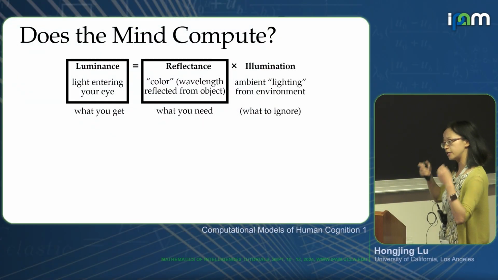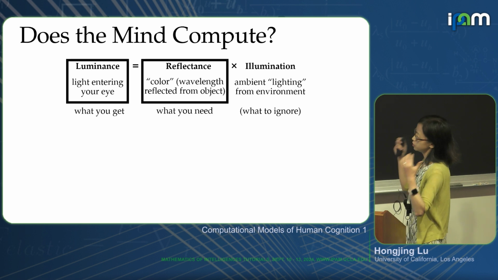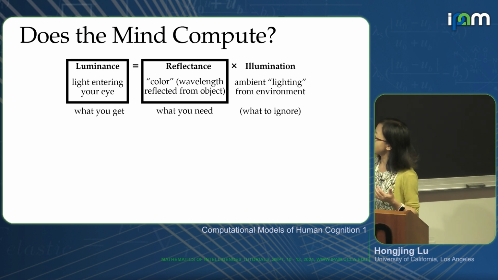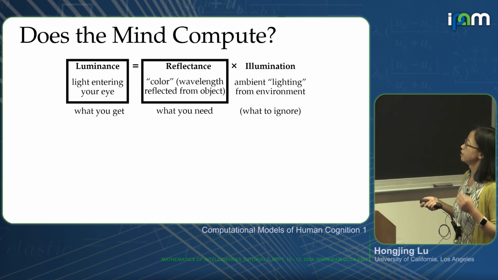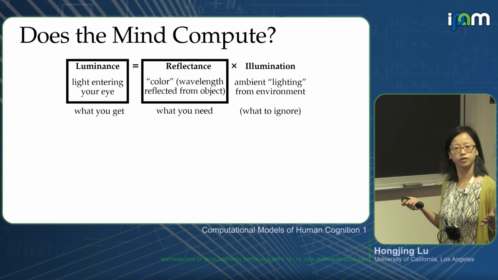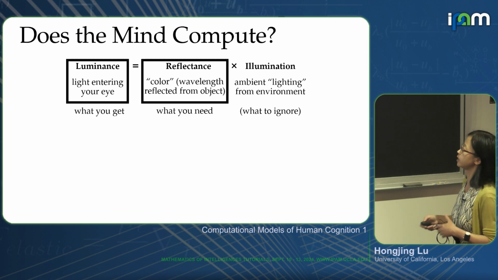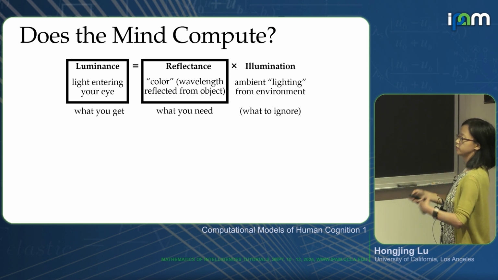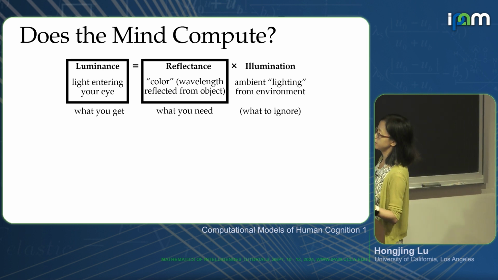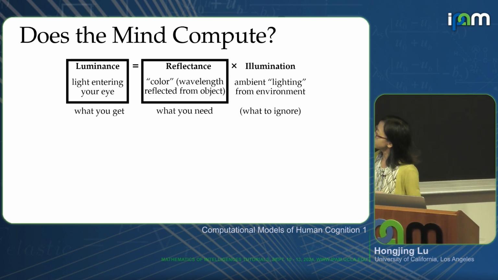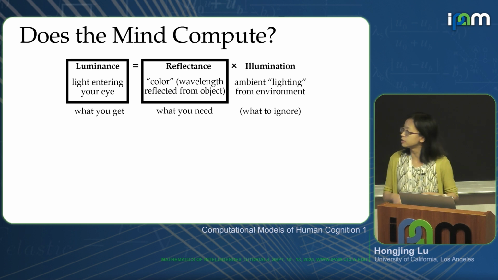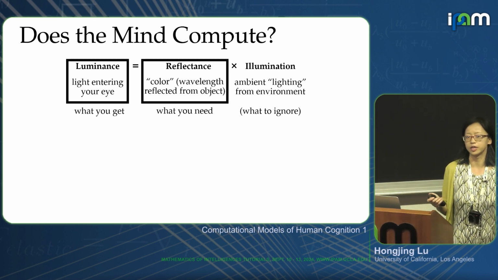But the luminance in the image, or what your brain gets, is actually a product of two entities. The first one is the color of this object, its reflectance, what the color of this fruit should be. That's what you need. You want to see the color of this fruit. But it's influenced by the lighting from the environment.